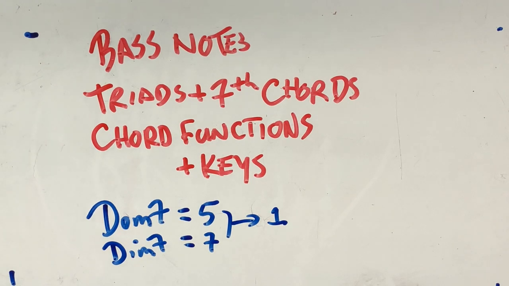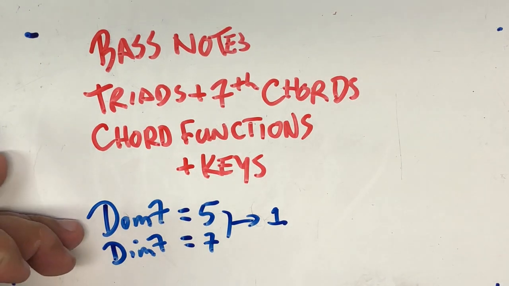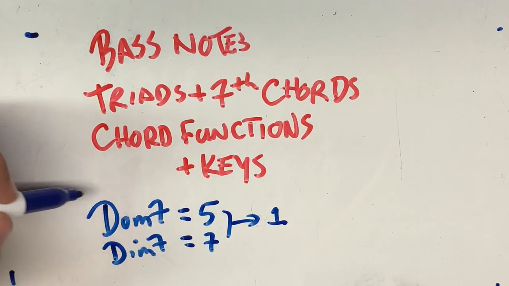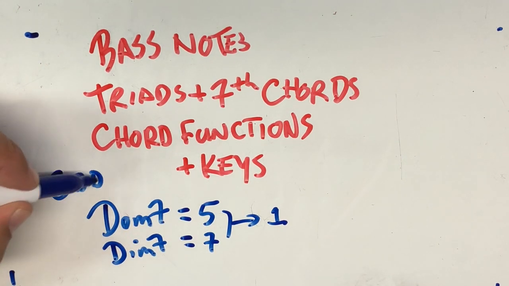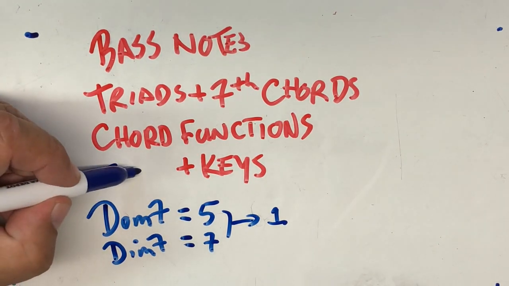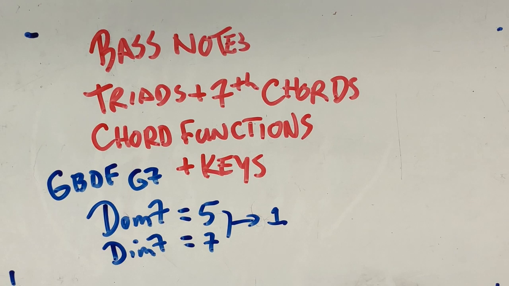So if you see G B D F, that's a G major triad with a 7th, that's a whole step down, G to F, that's a dominant 7 chord. Remember that a major triad and a minor 7th is a dominant 7th chord. If you had G, B, D, F, major triad, F is a minor 7 from here to there, you'd write it G7. That's the default. If you see a letter and 7, that means dominant, okay?